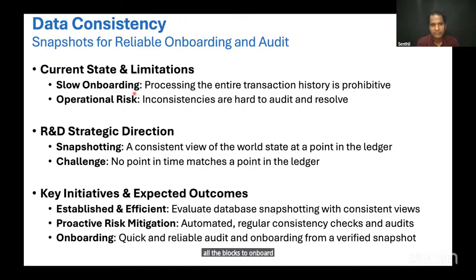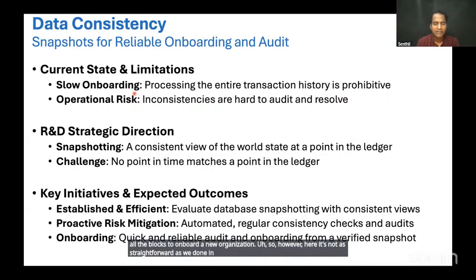However, here it's not as straightforward as in Fabric, because in Fabric it's a single process. Here we have 6+ services, right?